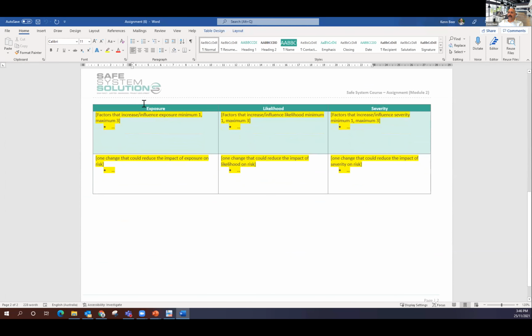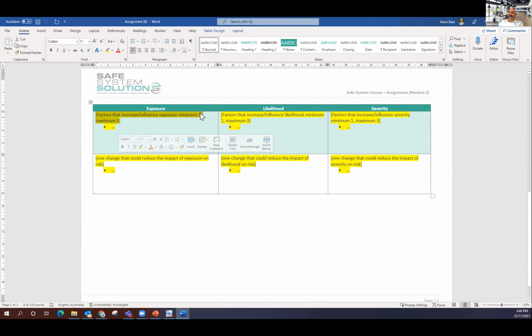So let's go here. What I want you to do is type in here factors that increase or influence the exposure. So 1 to 3 of those. So what's influencing the exposure? Remember, exposure is volume. Volume of vehicles, volume of pedestrians crossing, volume of motorcyclists, cyclists, right?